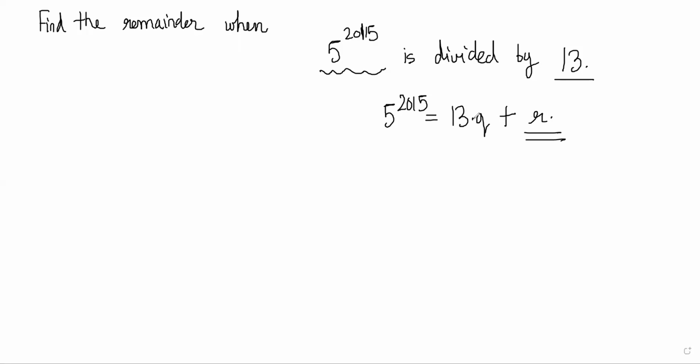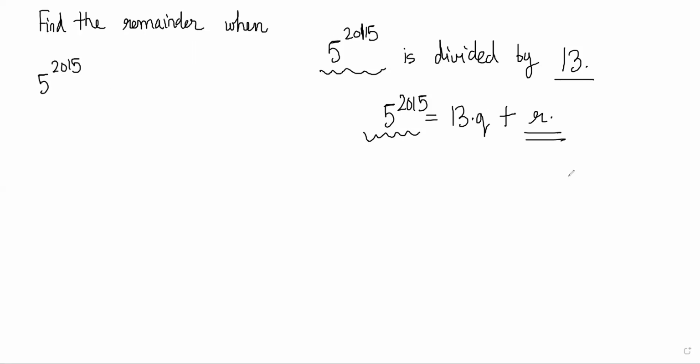So ideally, I would like to express this side in terms of things which are 13 or related to 13, right? Then only I can get what is not divisible by 13, right? So, okay, so it is 5 power 2015.